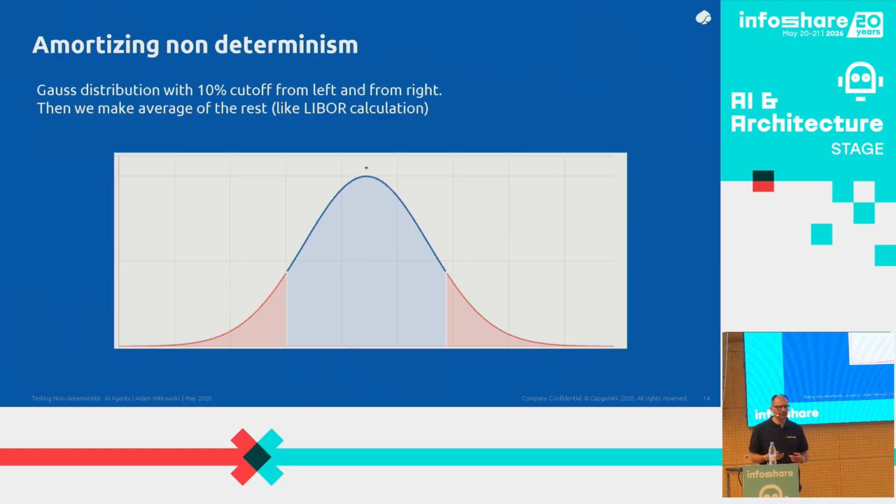And we kind of copied this approach from the finance world to amortize non-determinism in the LLM as a judge, because the odds are the hallucinations are in the extremes. But even if some hallucination goes to the middle of the Gauss curve, still it will be averaged, so the impact will be minimized.